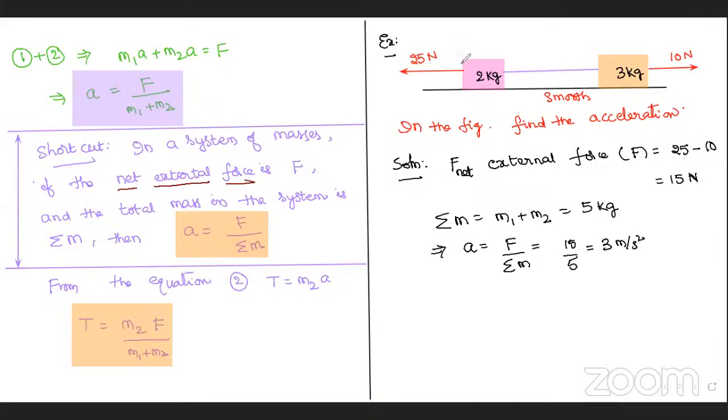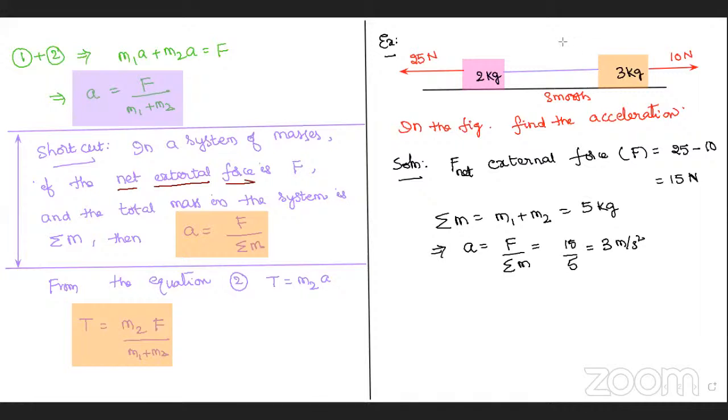Why, sir? Just look at the beside example. Force is applied and this is greater. It is greater, which means the total system will try to move towards left or right? In this example, left or right? Left.